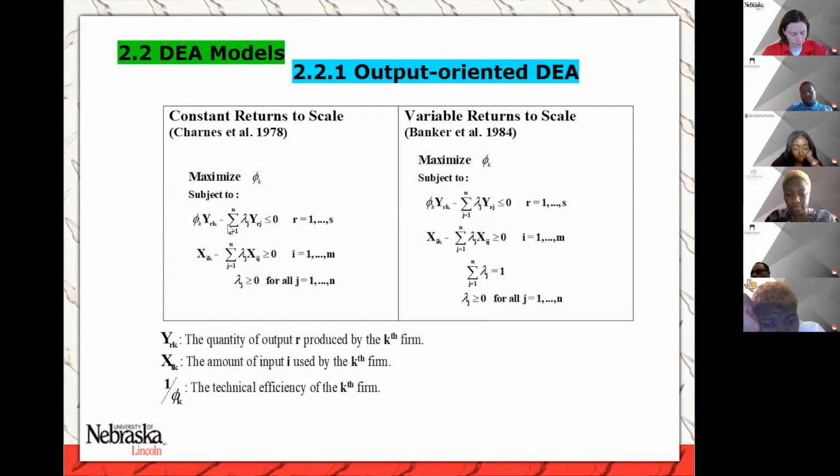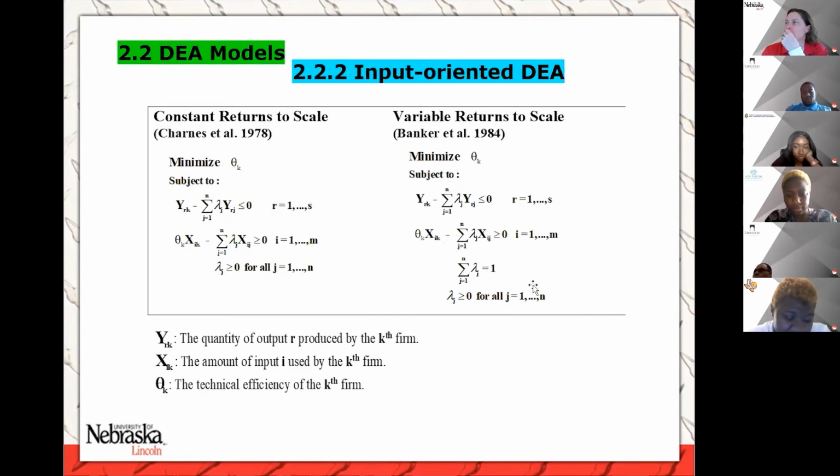The first constraint has to do with the output, and the second one with input. And then the third one ensures non-negativity constraints. And lambdas are called weights, okay? And then we have variable return to scale, same maximize, the same constraints, only the last one. It assumes that the weights sum up to 1, okay?